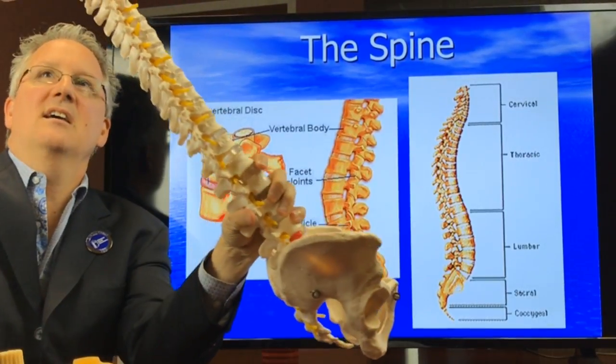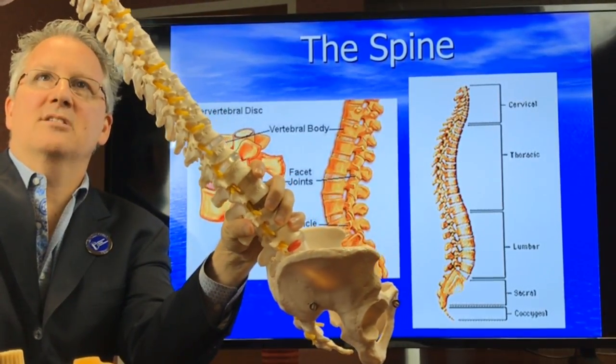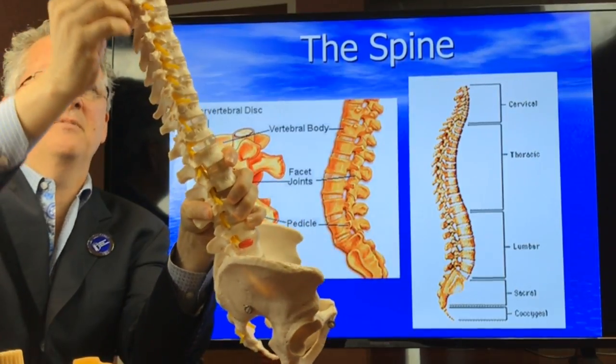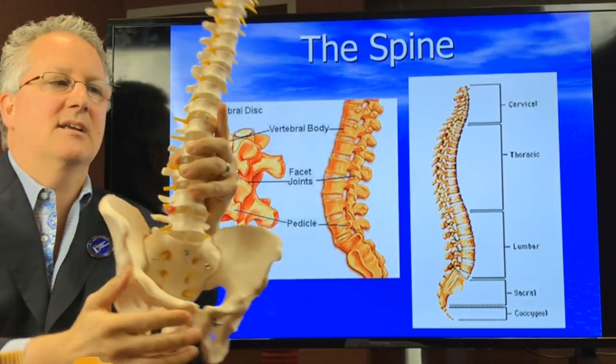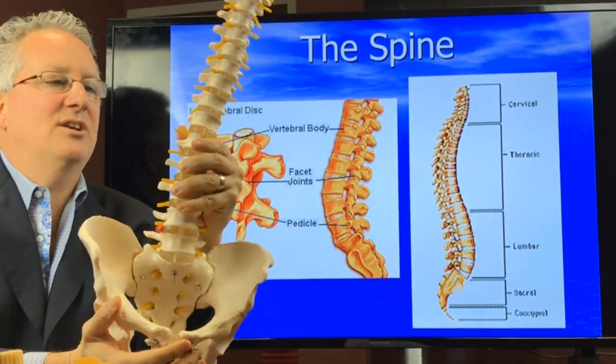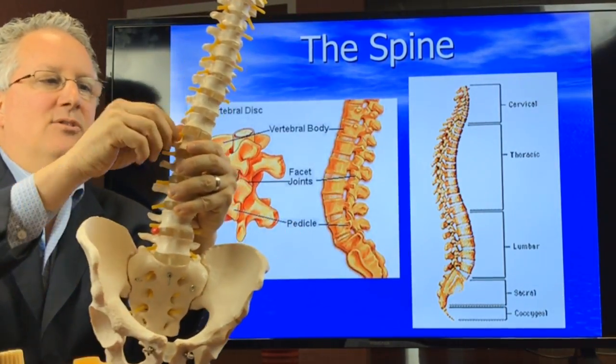Now, on the top where the brain is, off the brain is the brainstem, and then from there is the spinal cord, which runs down through the inside of the spine. So the spine is designed to protect the spinal cord.